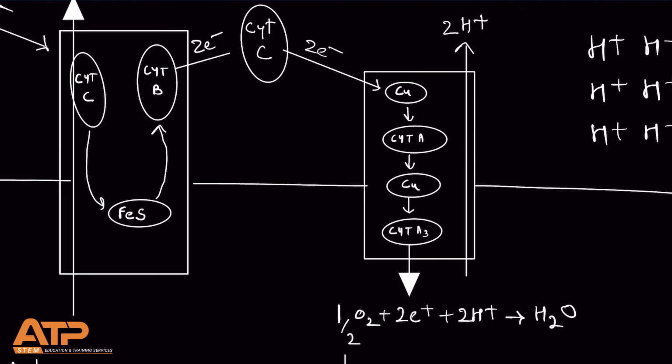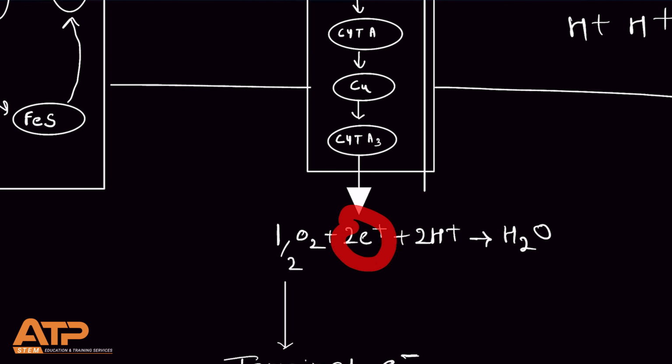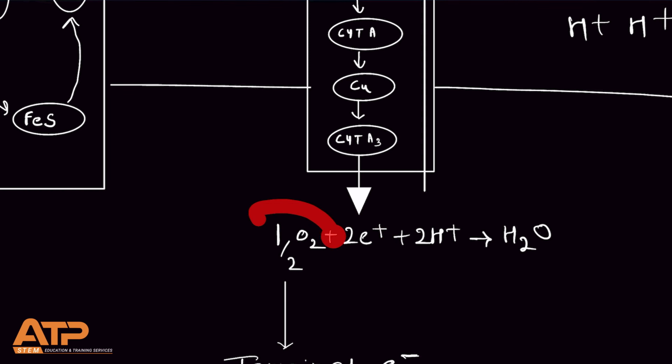Ultimately these electrons go from copper to cytochrome A to again copper electron carriers. Then it goes to cytochrome A3, and ultimately what is happening to these electrons? These electrons are ultimately accepted, taken up by oxygen present here.